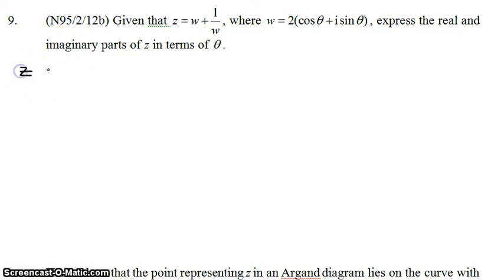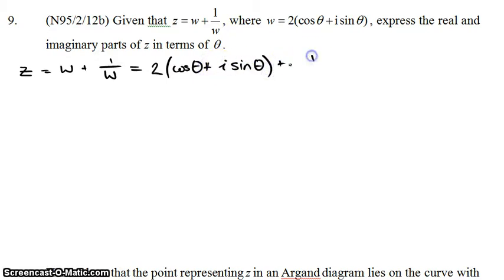So z is equal to w plus 1 over w, so it's equal to 2 cosine theta plus i sine theta plus 1 over 2 cosine theta plus i sine theta.